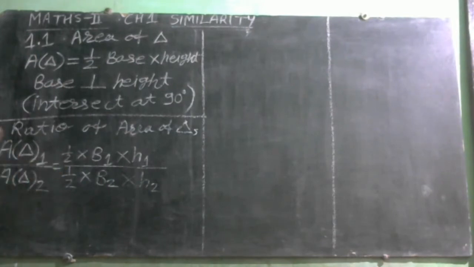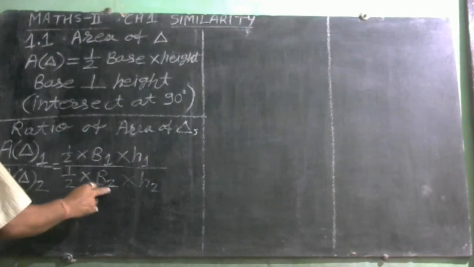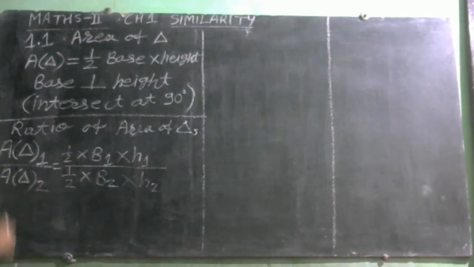What do you mean? B means base, H means height. 1 respective triangle 1, 2 respective triangle 2. In this case, we have seen 1 by 2 may be cut.